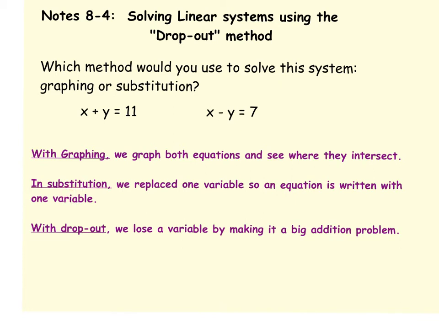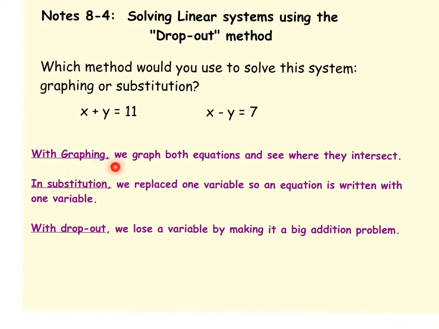Substitution is when we take one variable and replace it into the other equation and then solve for that variable. And so that is substitution. And then today we're going to talk about dropout, where one of your variables is actually going to drop out or go away in the process of solving the problem, which you'll see here in a second.